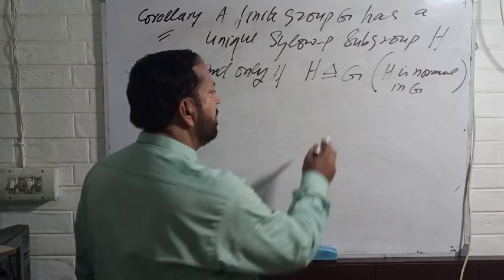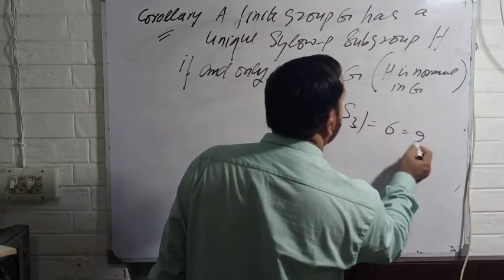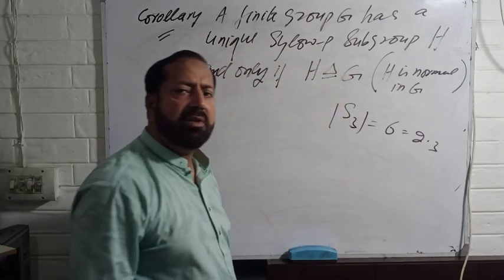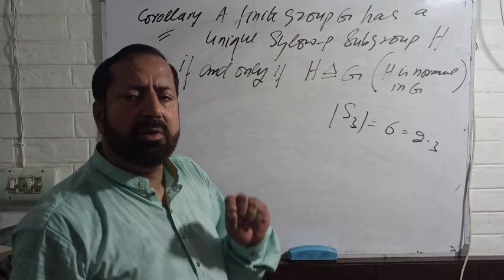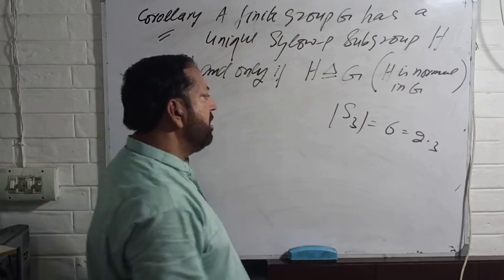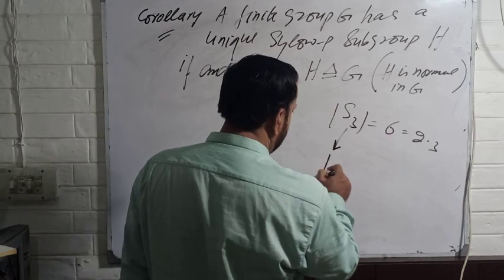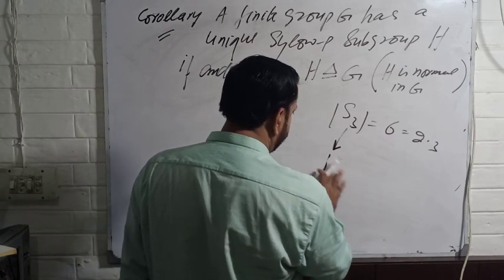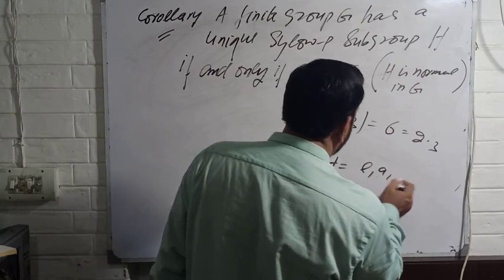You know, in S3, the order of S3 is equal to 6, which is 2 times 3, and by Sylow first theorem, there is a Sylow 3 subgroup of order 3. So you know this S3 has only one such subgroup H, which is generated by A square.